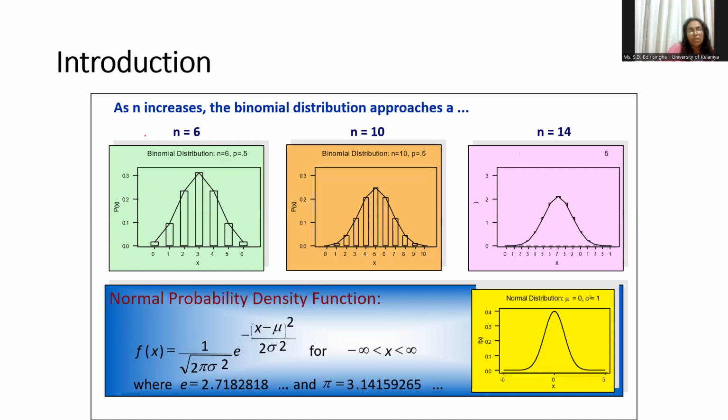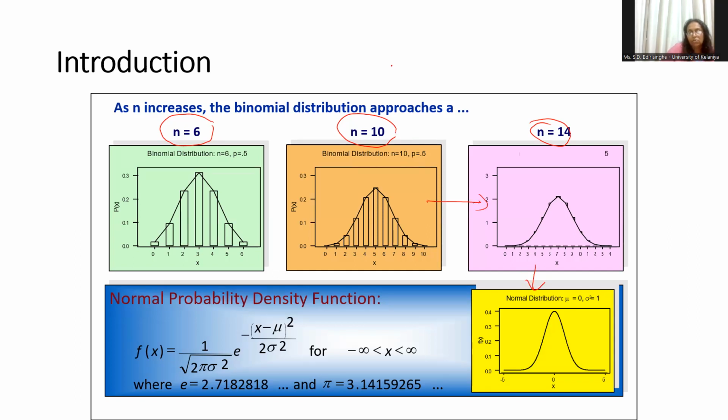So here you can see as n increases, the binomial distribution approaches a bell-shaped curve. Here n equals 6, here n equals 10, here n equals 14. Finally, it becomes a normal distribution.